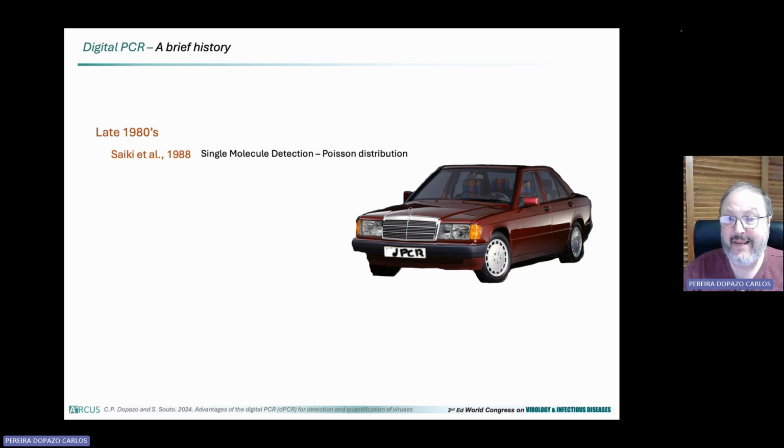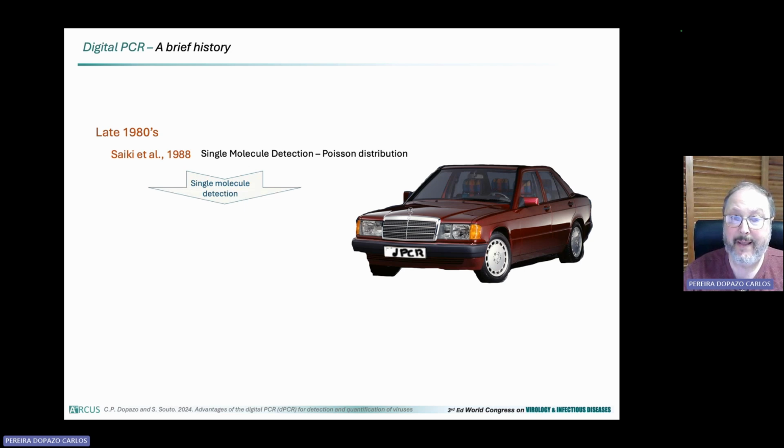And they needed to demonstrate that they were working with single molecules using a Poisson distribution. So they applied limit dilutions, and they demonstrated that the last dilutions had only one or two templates, and obtaining positive results with those samples, they were able to demonstrate that they could detect a single molecule in a sample.